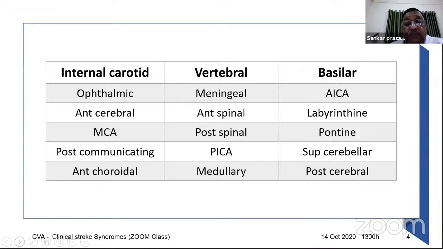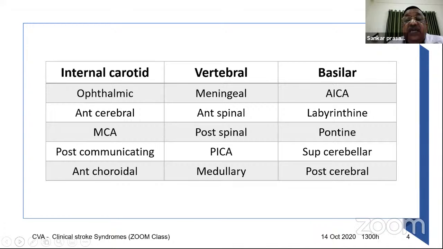And you know, the brain is supplied by anterior circulation and posterior circulation. The internal carotid artery system has the ophthalmic, anterior cerebral, middle cerebral, posterior communicating, and anterior choroidal arteries supplying various regions of the brain, which we are going to see. The vertebral system has the spinal, posterior inferior cerebellar artery, and medullary artery.